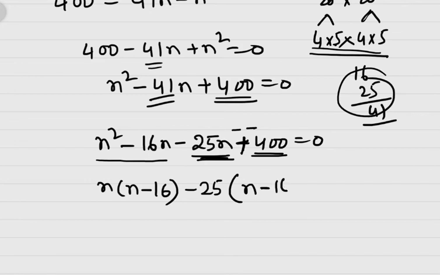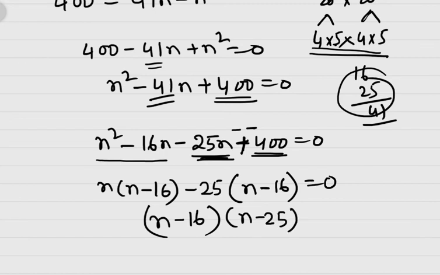So you'll get 16 here equal to 0. So this will become n minus 16 into n minus 25 equal to 0.